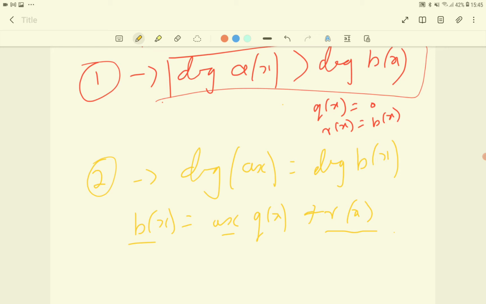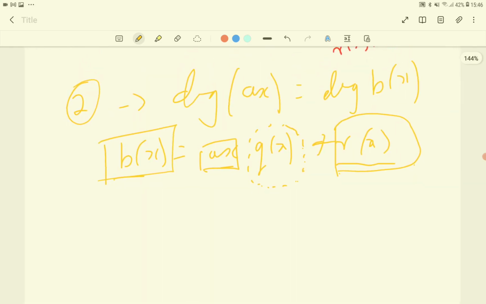So the only possibility is to make this q, which is a constant polynomial, such that the highest degree of this one equals the highest degree of this one, and in that case the only condition that r of x would need to satisfy is to fulfill the gap that is created by the rest of the lower order terms.